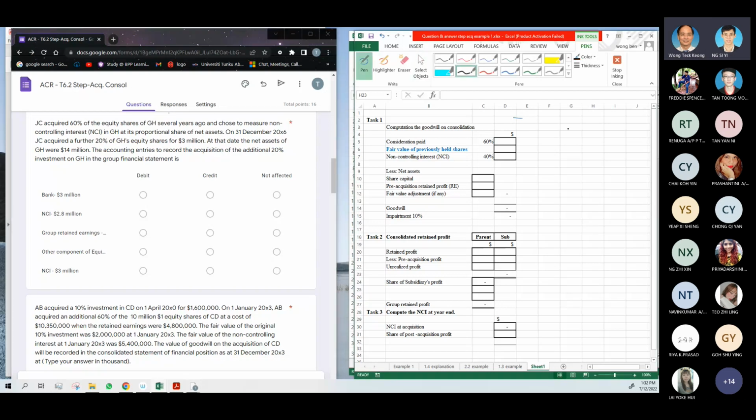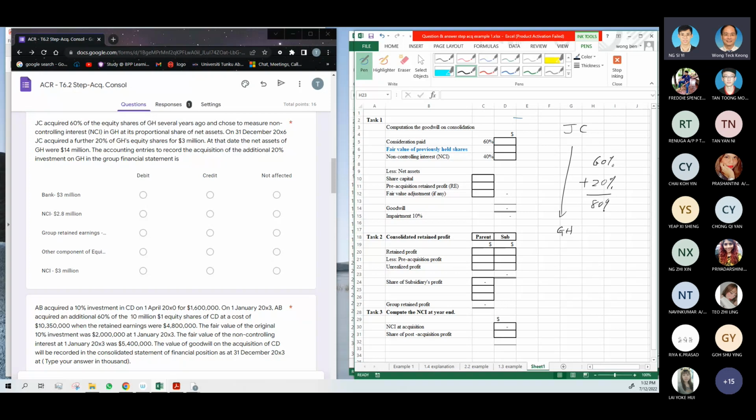So JC acquired GH 60%, so it is already a subsidiary, several years ago. NCI measured proportional to the net assets, so this is partial goodwill. On 31st December, it acquires a further 20%.